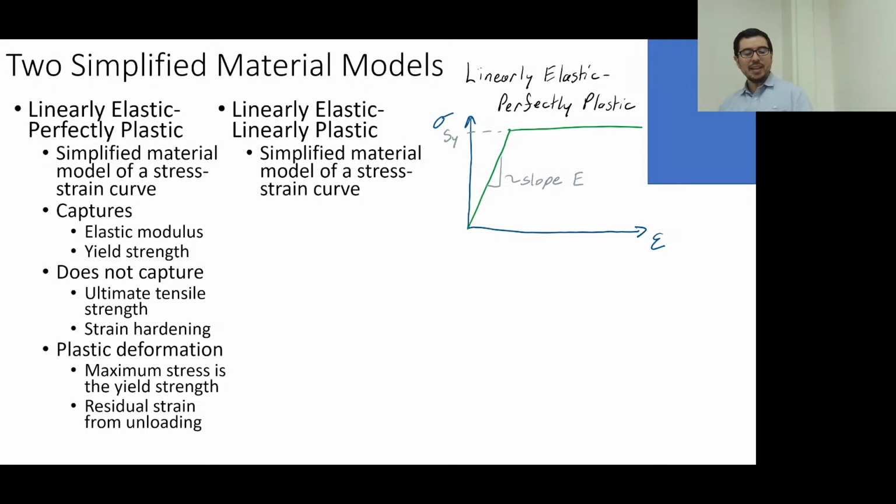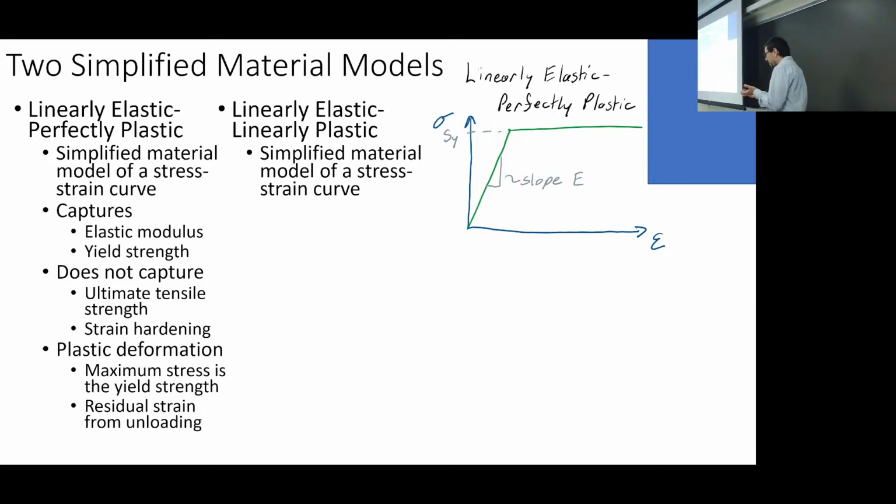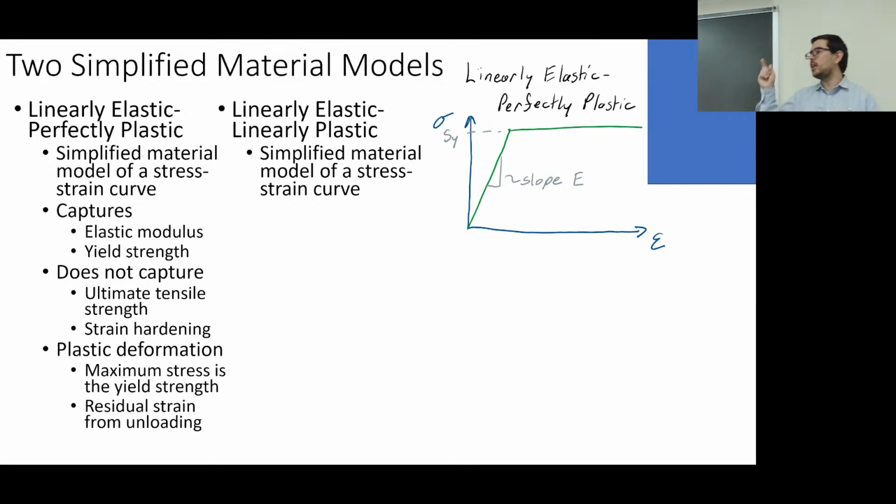Now, the linearly elastic, linearly plastic model is another simplified model, and it's almost like trying to say, just give me the plot. That's the simplest thing. But when we say simplified models, a plot has lots and lots of data points on it.